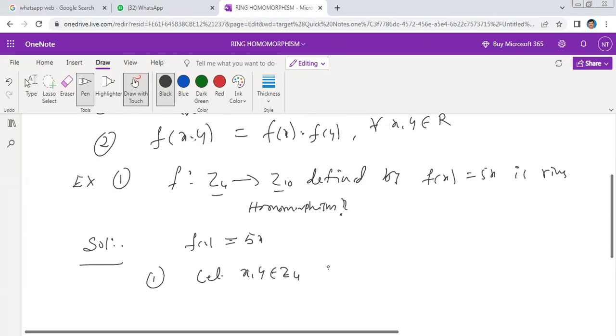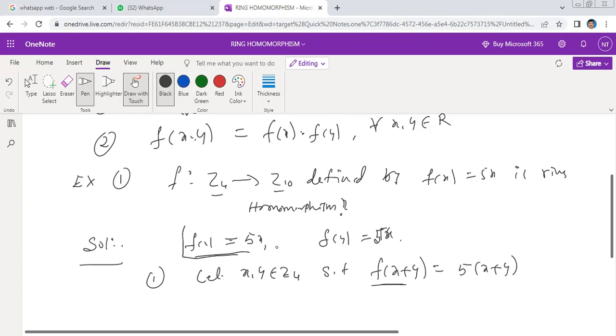What is f of x plus y? If f of x is 5x and f of y is 5y, then f of x plus y is 5 times x plus y.